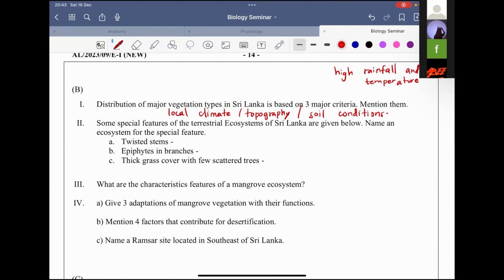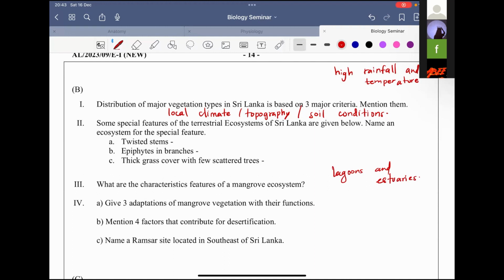So you know mangrove ecosystem is like an intertidal vegetation that covers the fringes of the lagoons and estuaries. So there are lagoons and estuaries, and the vegetation that covers these areas is the mangrove ecosystem.